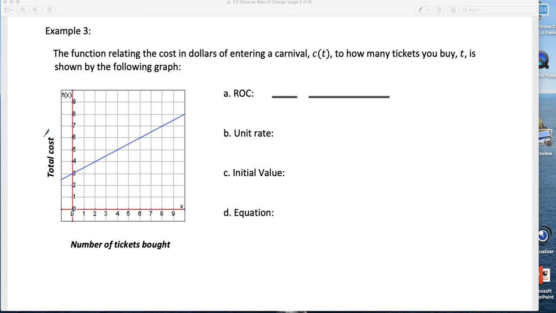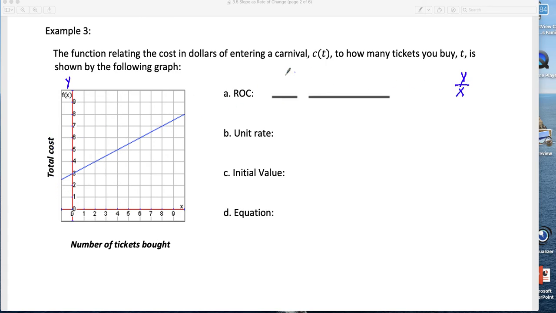And this says total cost, and it says f of x, so I know this is my y-axis. So, putting together, remember this is going to be a number, this is going to be a description. My dependent variable is going to be total cost. My independent variable is going to be number of tickets bought. Remember, always this is y's over x's.